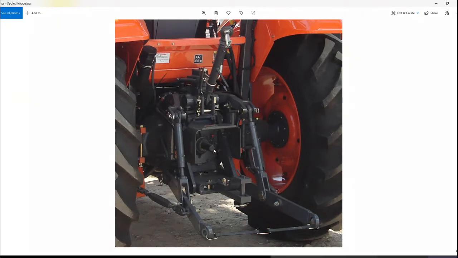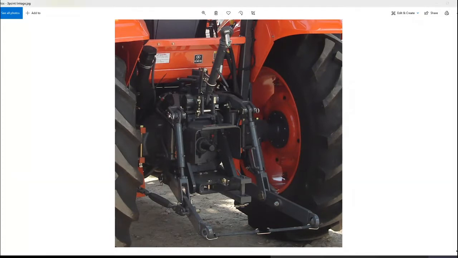In this way, the rotary ditcher also extracts power from this PTO shaft. Because of the rotation of this shaft, power is transmitted to the rotary ditcher.